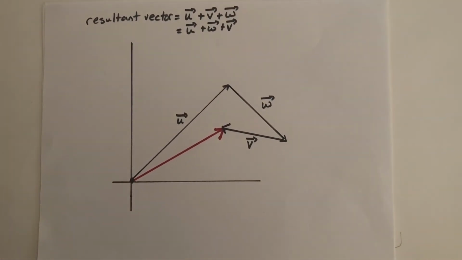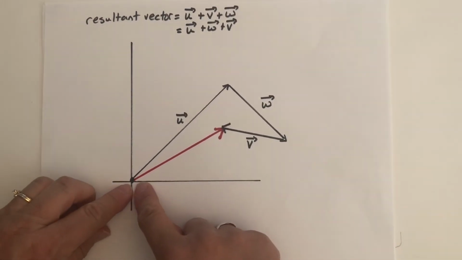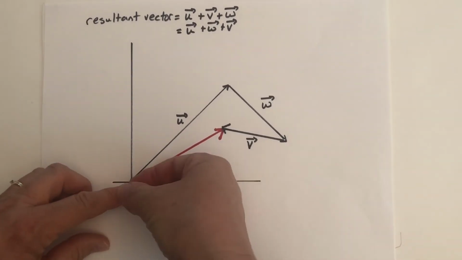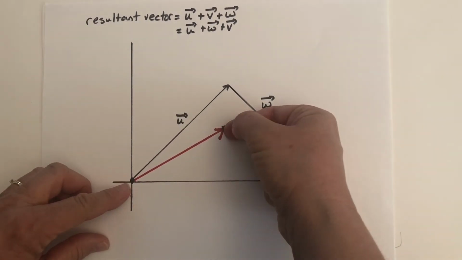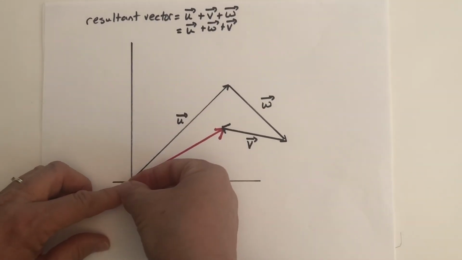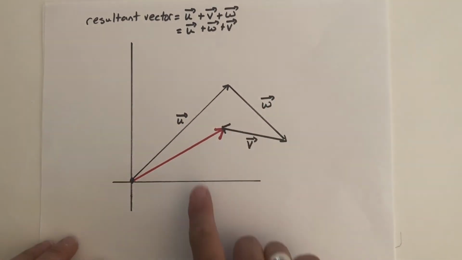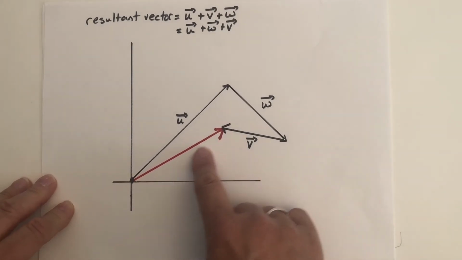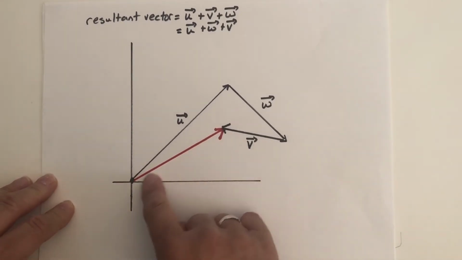But here is our resultant vector. That result will be comparable to a single force acting in this direction. So our job is to find the direction and magnitude of this vector right here.